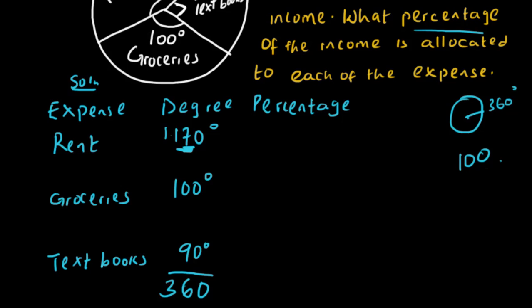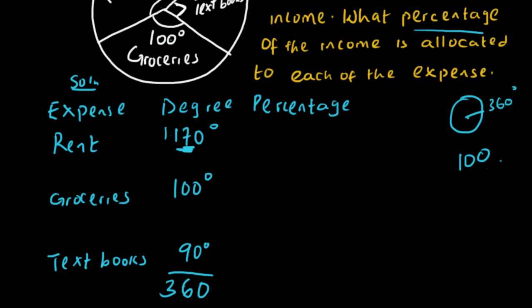So, by implication, the total angles you can have in a pie chart is 360 degrees. So, even without doing this elaborate calculation, if I'm told, what's the percentage representation for rent? All I need to do is 170 over 360 times 100. Because I know that the sum of angles in a circle or in a pie chart, as the case may be, is 360 degrees. Does that make sense?